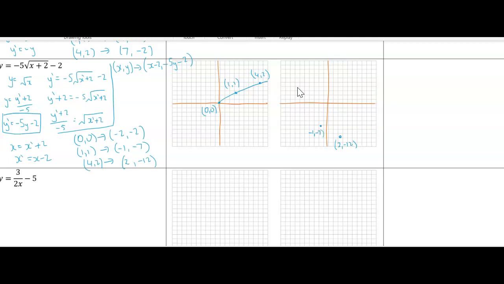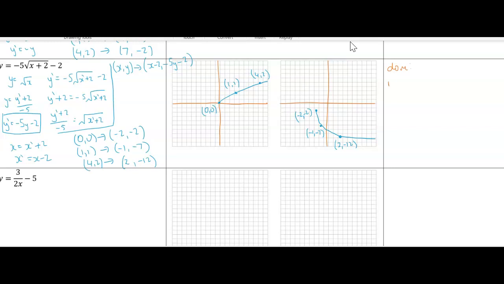And what was the other one? Negative 2, 2. All right, so this is our endpoint, negative 2, negative 2. So we, oh gosh, it's terrible. Going down like that. That's not too bad.